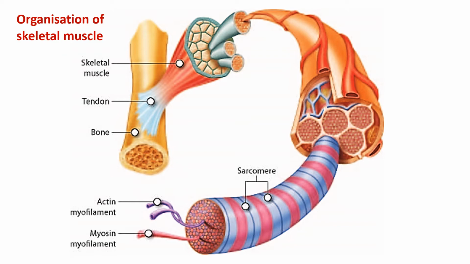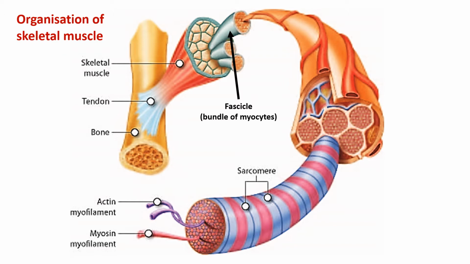The muscle is full of myocytes. And around those myocytes, you can see that they're organized into bundles. And these bundles are wrapped in more connective tissue to form fascicles.